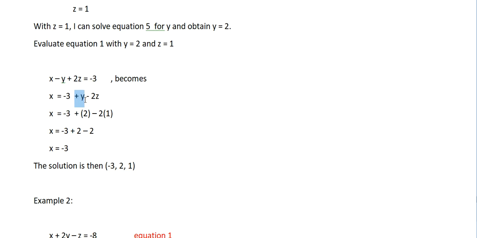And again, if we have plus 2z, we're going to have to subtract it from both sides in order to get that factor over on the other side of the equation. So minus 2z, and we're going to substitute in our solution, y equals 2, z equals 1. We're just going to go ahead and evaluate that. Turns out that x is equal to minus 3. So our solution then is minus 3, 2, and 1.